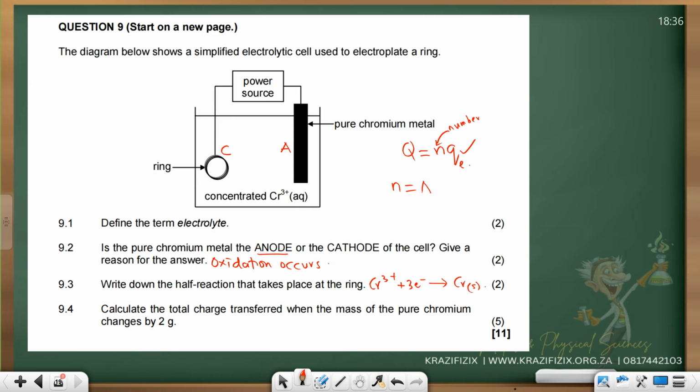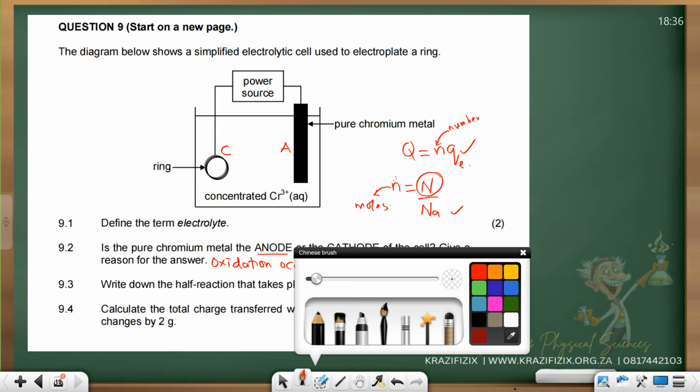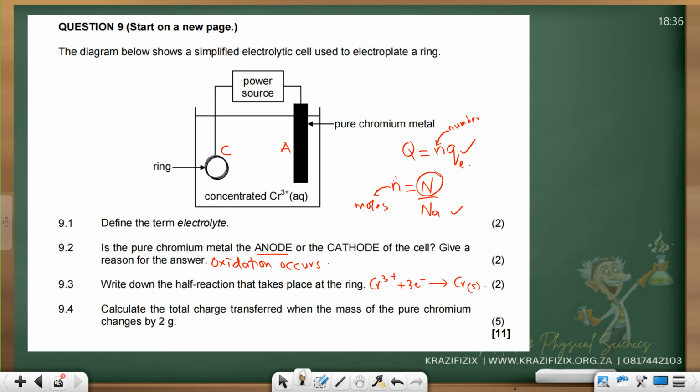Number of electrons, I use this formula, where this one is the number of moles and Avogadro's number. So I need to get n. Let's write the equation quickly: Cr3+ plus 3e- gives us Cr. We need to get the number of moles.